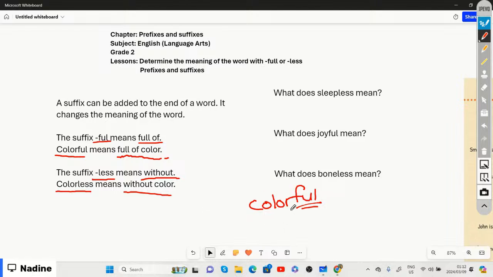And if we add less to our word color, then it means without color. So the word color is our base word. The base word is a word that can stand on its own, without a prefix and without a suffix.